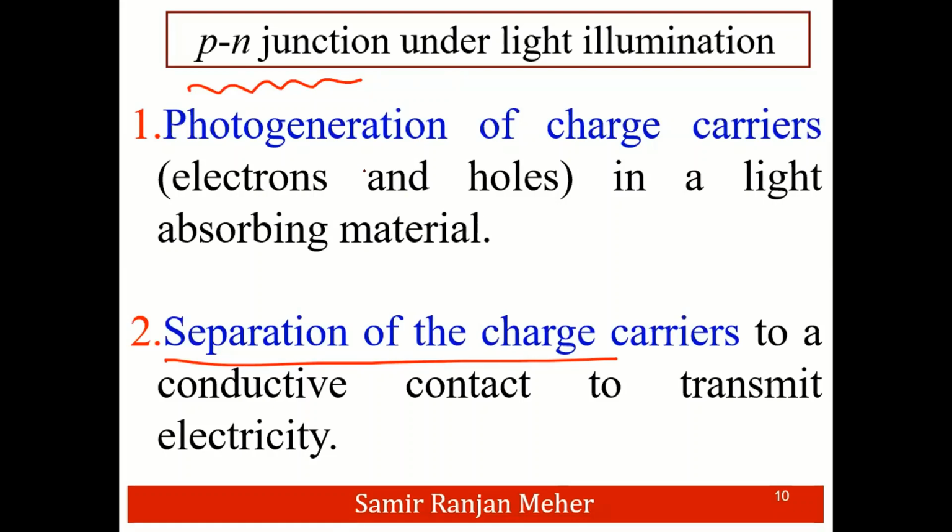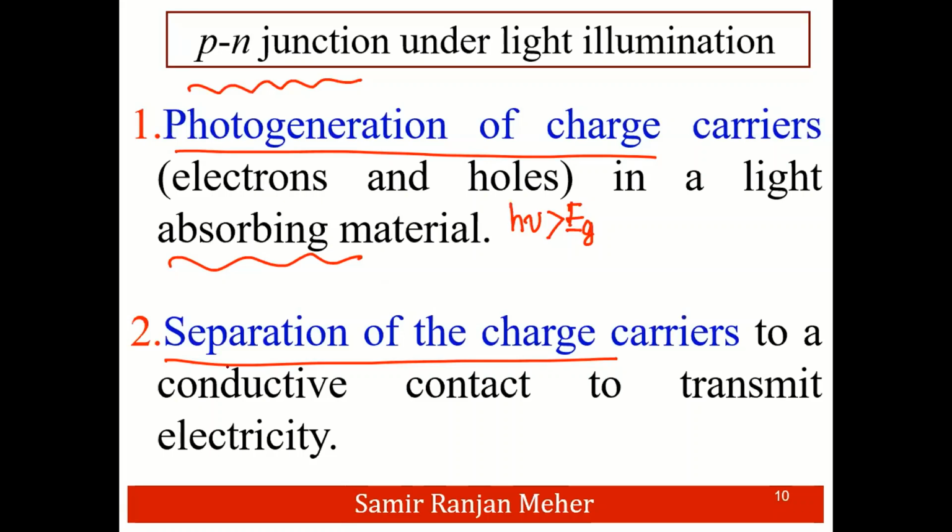We have to choose a semiconductor for which the band gap is such that it can absorb all the light coming from the sun, and when it absorbs the light, it will generate charge carriers, that is, electron hole pairs will be generated, and that happens in the absorber layer of the thin film based solar cell. And the next target is to separate them, because the electron hole pair will always tend to recombine.